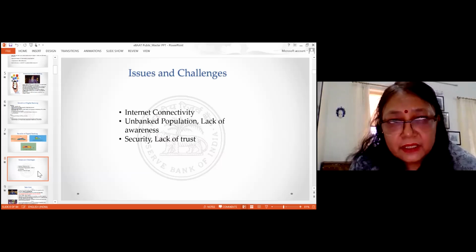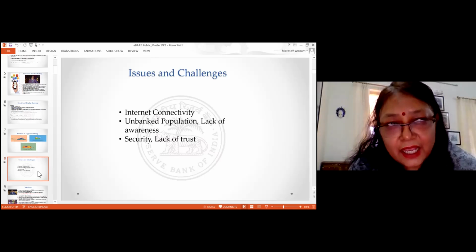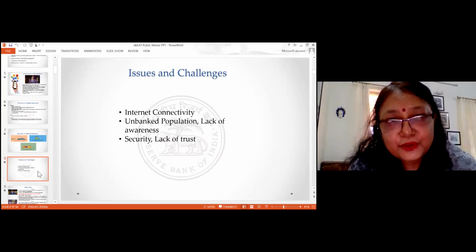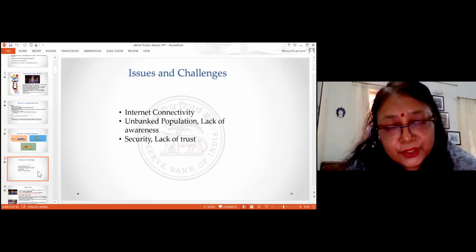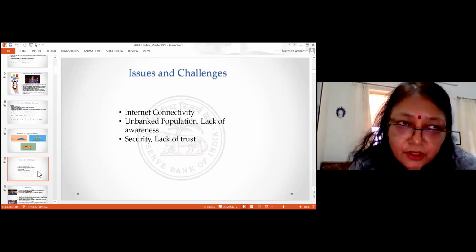The shopkeeper makes a note, and at the end of the month, after the customer gets his salary, they settle the bill. So it is called a Bahi Khata, and this is the OK Bahi Khata. In this model, they have asked the kirana shop owner to use it, and for every customer, whatever they purchase during the month, the shop owner enters it in the app, and the app records all this information.